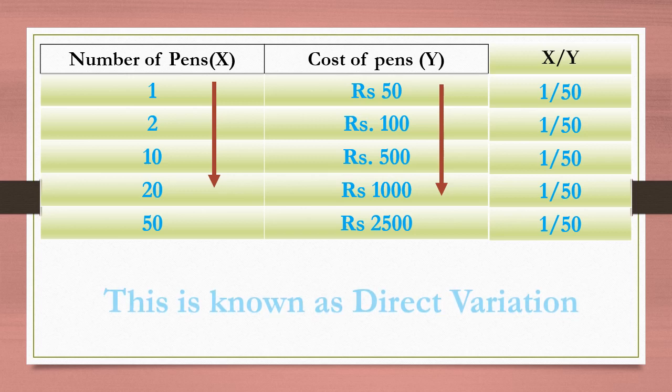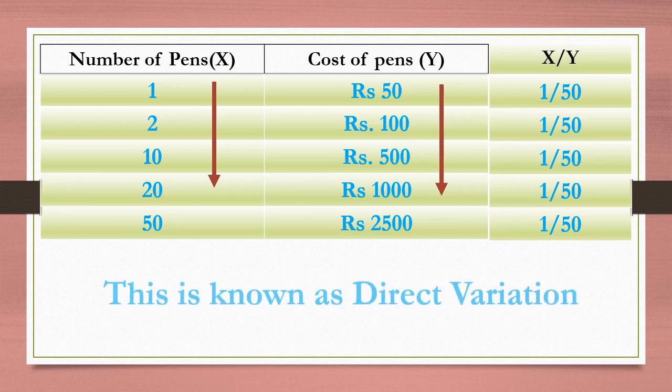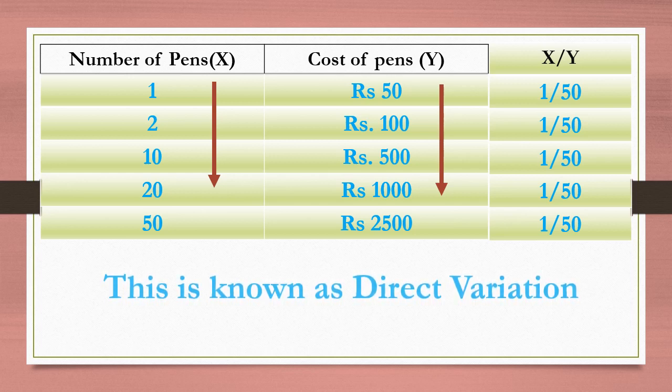Suppose you try to find the ratio between x and y, that is x by y. You will come to know that every time you find the ratio x by y, you will get 1 by 50 in this case. So, these types of situations and questions are said to be direct variation.